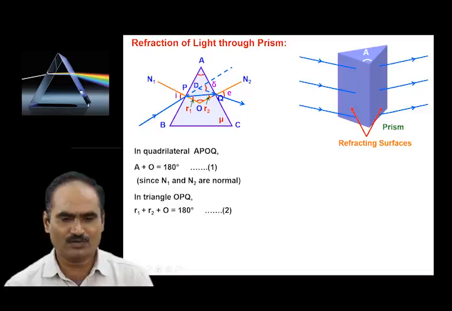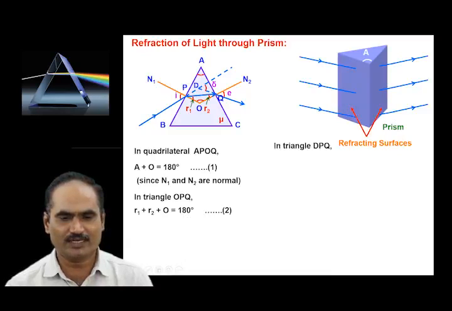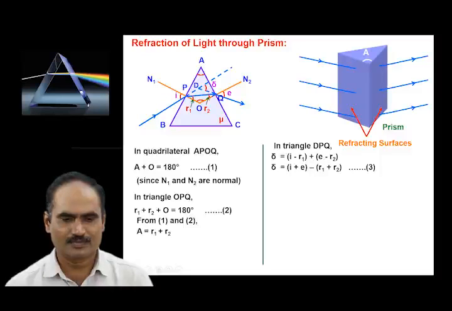Angle R1 plus R2 plus O is equal to 180 degrees. So here something plus O is equal to 180 degrees, and here some other thing plus O is equal to 180 degrees. Therefore from 1 and 2, something must be equal to some other thing. What is that something? A. What is the other thing? R1 plus R2. So from these two equations, we can write A is equal to R1 plus R2.